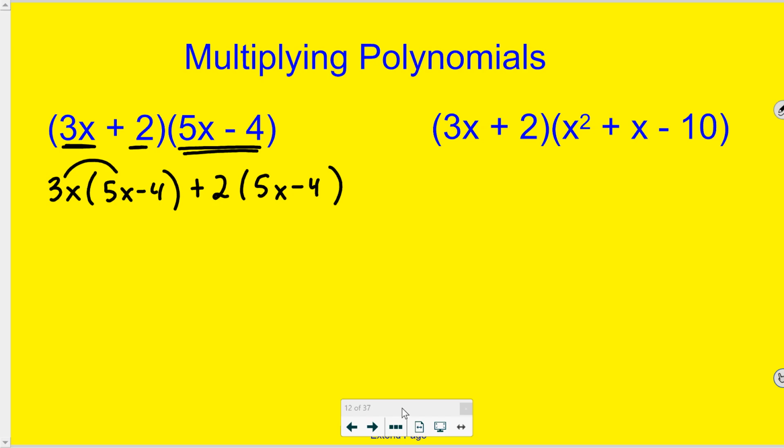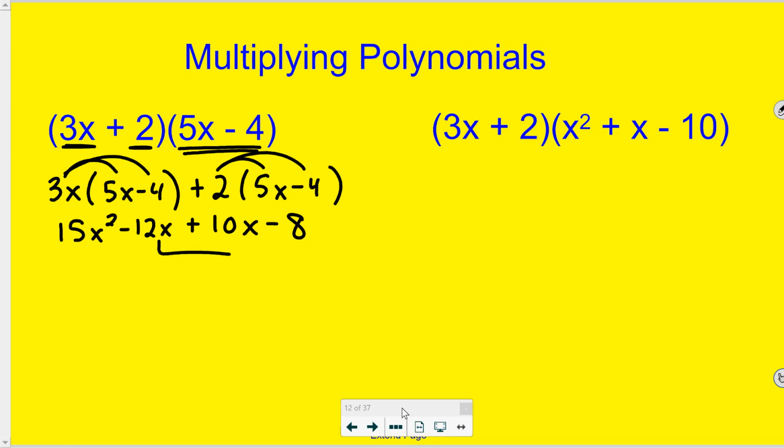The 3x goes in here, 3 times 5, x times x. Now the exponents stack. You are not adding anymore, you're multiplying, so the powers get bigger. Multiplying here, 3 times negative 4, and there was an x out front. Now I've also got to distribute the 2 in there, so 2 times 5x is 10x. 2 times negative 4 is negative 8.